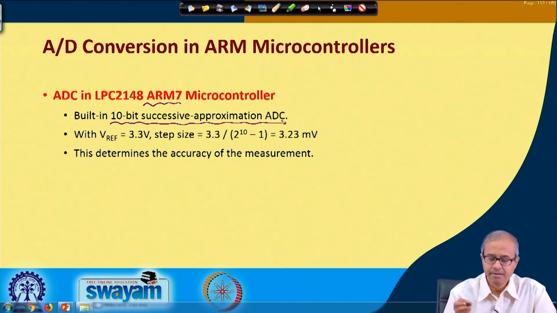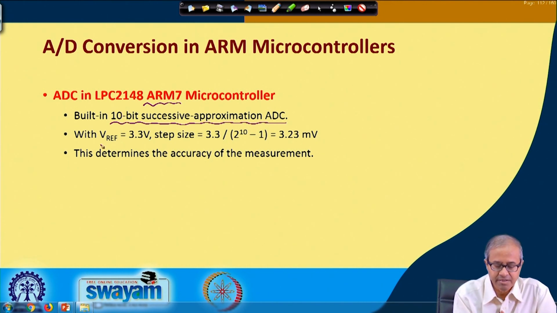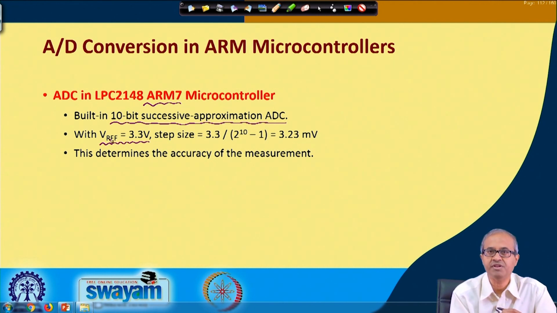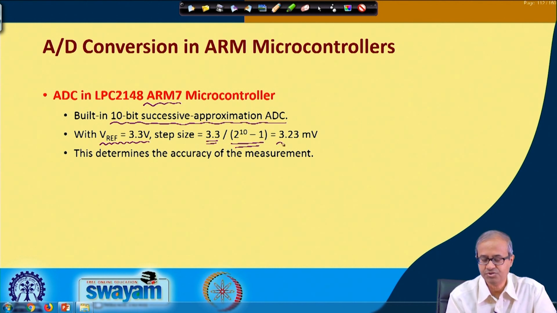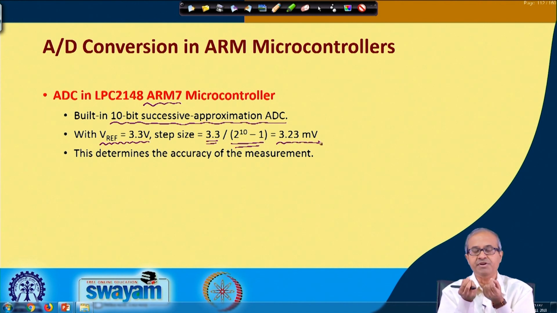Okay. Now, since it is a 10-bit converter, just as an example, if I connect a 3.3 volt supply to the reference voltage, then the step size will be full scale voltage divided by 2 to the power 10 minus 1. If you make a calculation, this comes to 3.23 millivolt. This actually determines to what level of accuracy you can make the measurement.